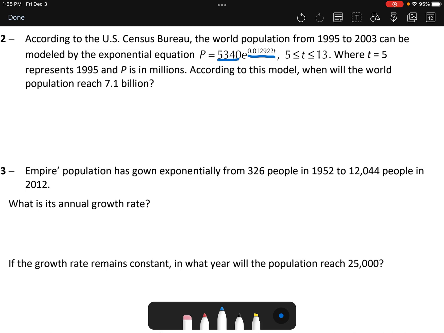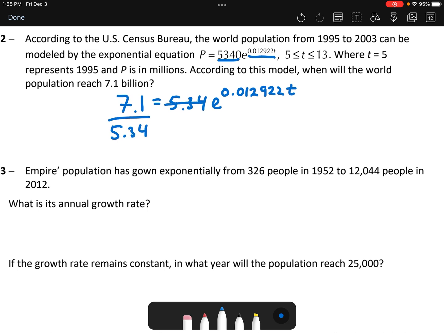Well, this is in millions, okay? 5,340 million is 5.34 billion. So I'm going to use billion here instead of million because it's easier to work with, and we need to find T. Well, there you go. We got everything we need.